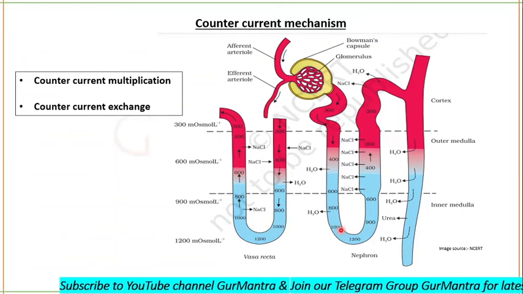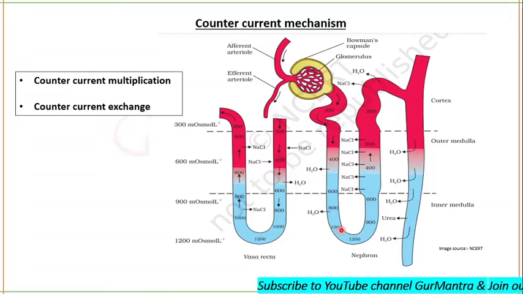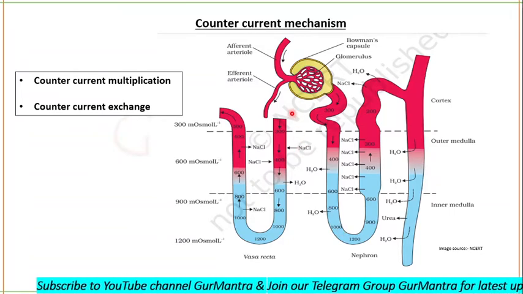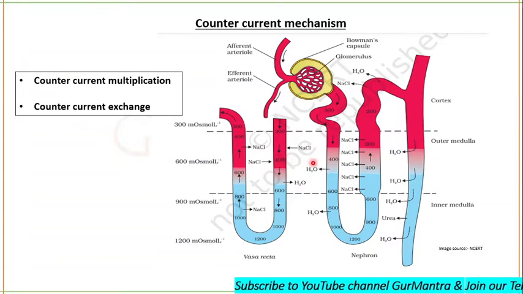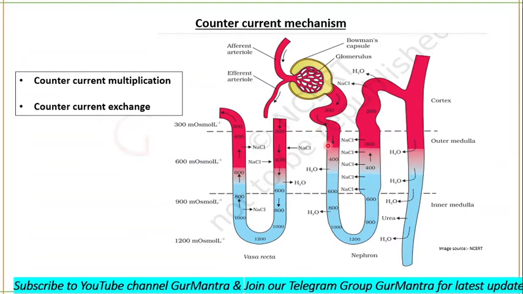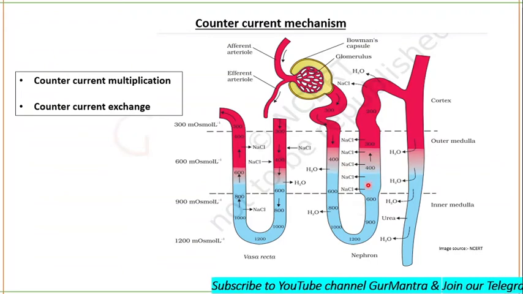Okay, so you should know that for maintaining this osmotic gradient, there is a requirement of the counter current mechanism. And the counter current mechanism depends on the spatial anatomical arrangement of the loop of Henle and vasa recta. In humans, most of the nephrons are cortical nephrons which do not have such a long loop of Henle extending down in the medulla.